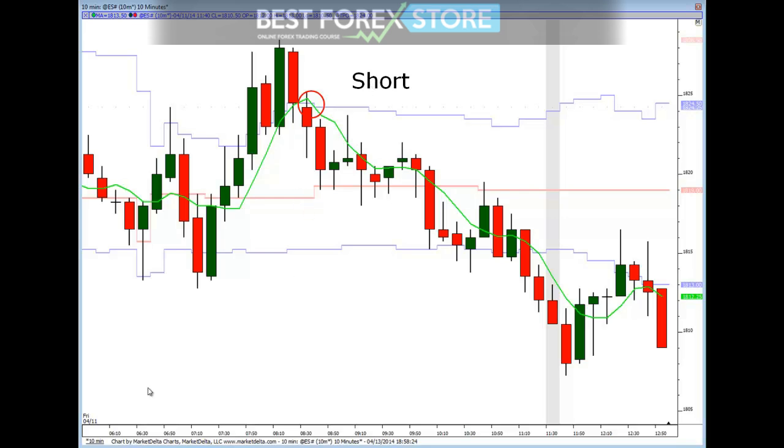Again, your initial target is probably going to be the volume point of control, and you are going to put your stop at the high of the candle that broke the value area high, or I should say the developing value area high. So this is where your stop would be, and you would short at the point when the 5 actually crosses over and is below the value area high.